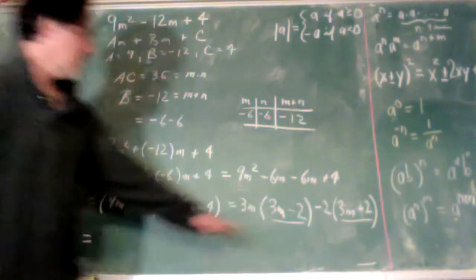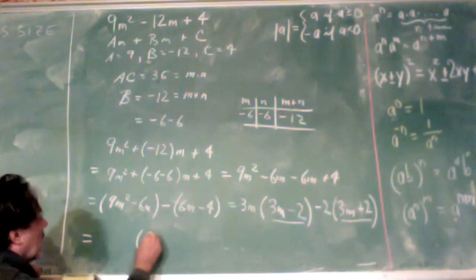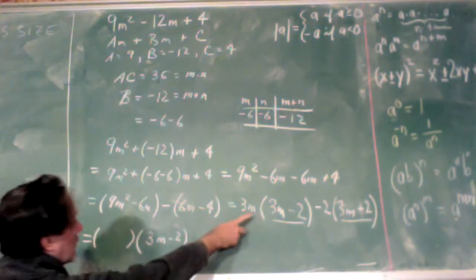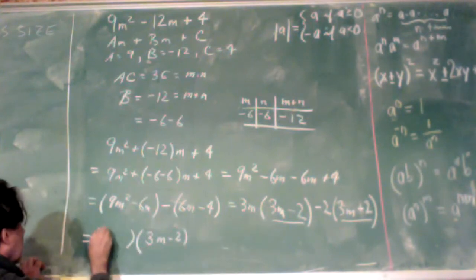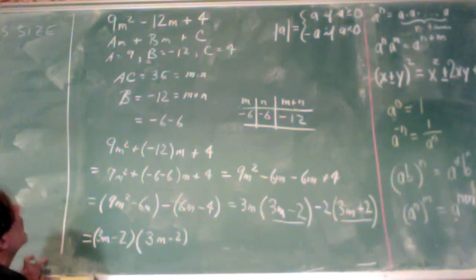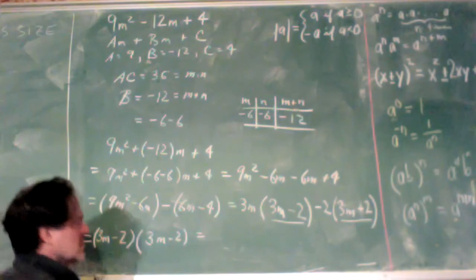All right, we have a common factor of 3m minus 2. What remains of our first term is a 3m. What remains of our second term is a minus 2. Now, doesn't this look strange?